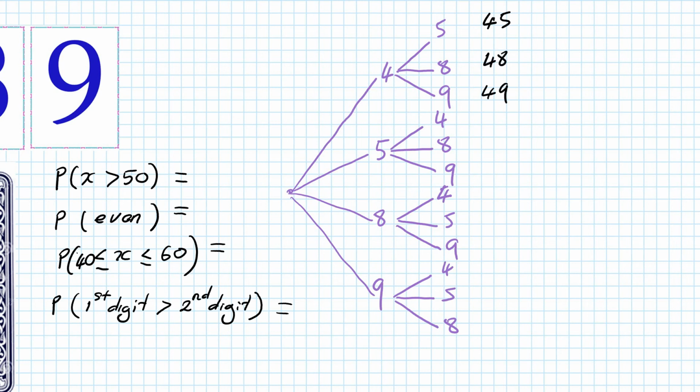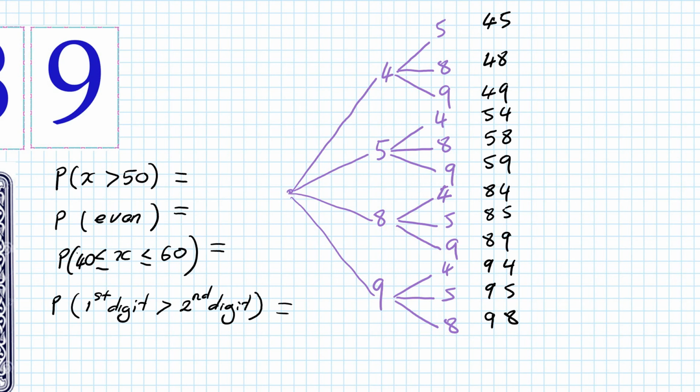49, 54, 58, and 59, 84, 85, 89, then 94, 95, and 98. You see, this is the outcome sample space.